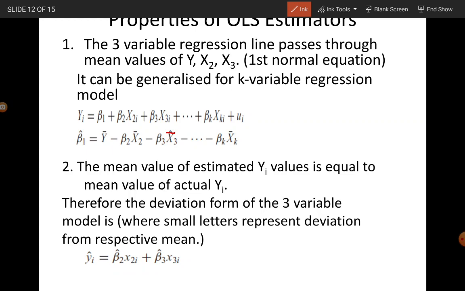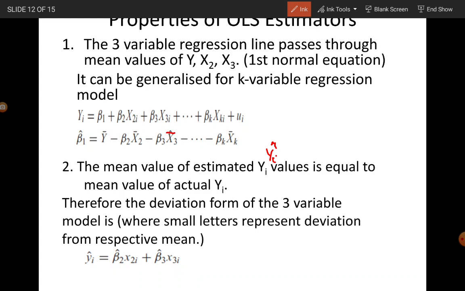The second property is that the mean value of the estimated yi values, in other words yi hat, will be equal to the mean value of the actual observed yi.